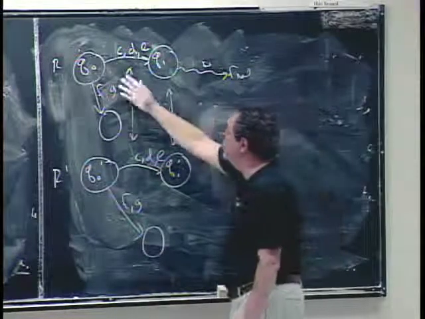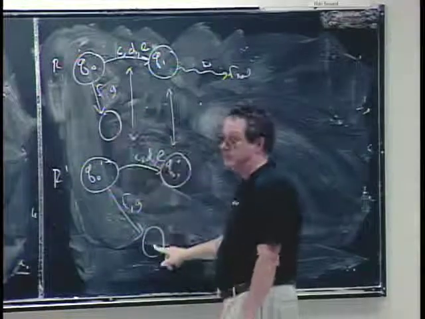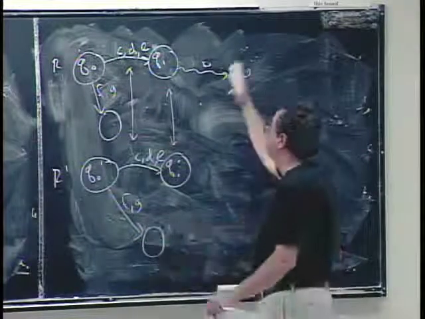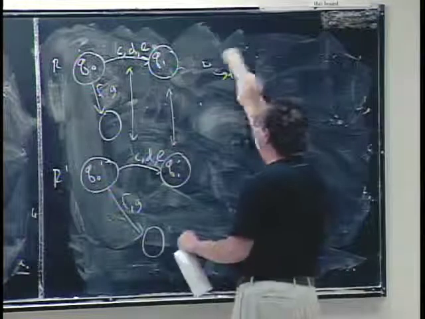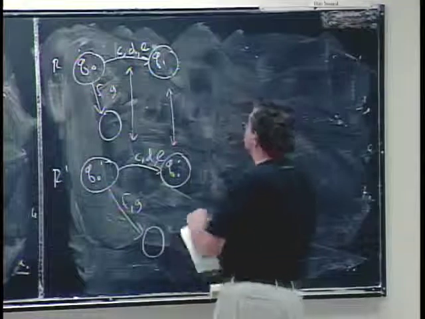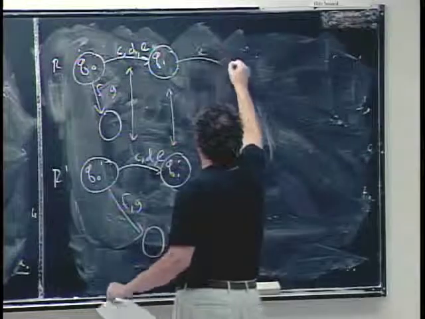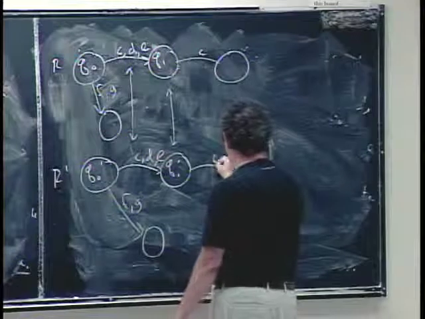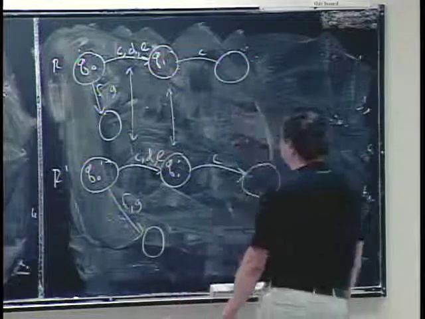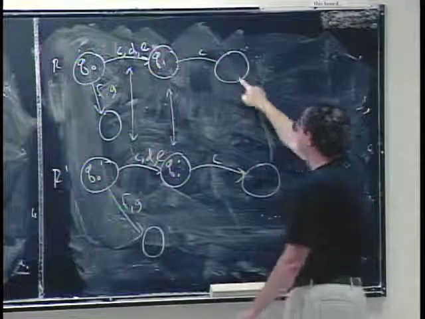And by the same argument, these two would be indistinguishable. Which means that we can keep going in this argument. We can say, what goes out of Q1 by a C, for example, over to some other new state. And over here we have a C over to some other new state. That these two will be indistinguishable.